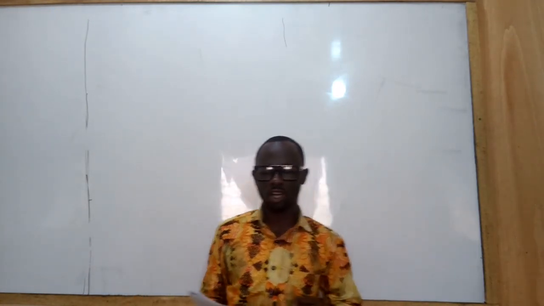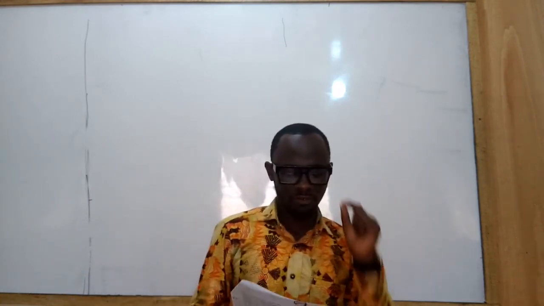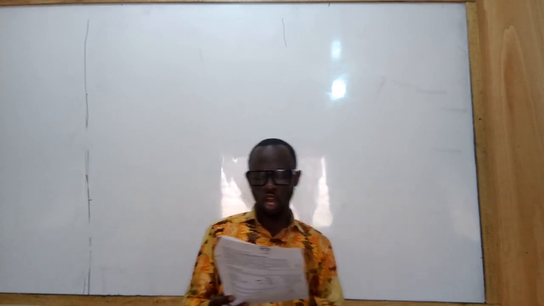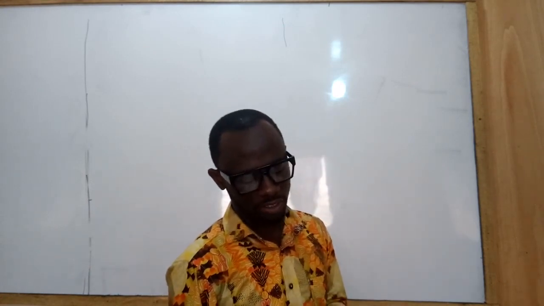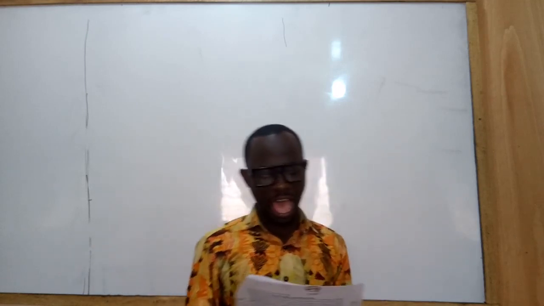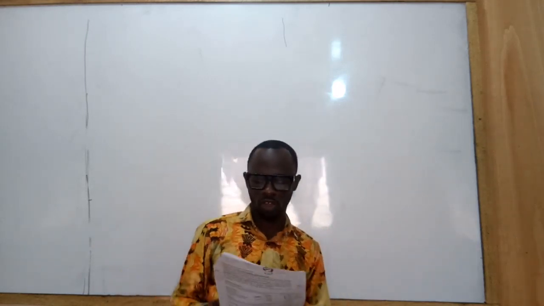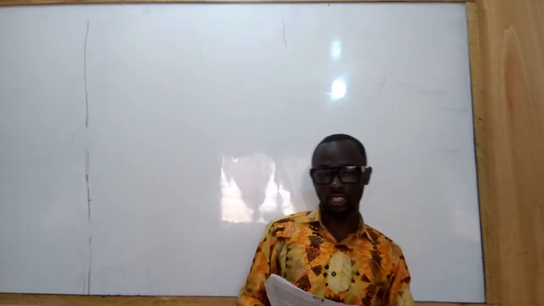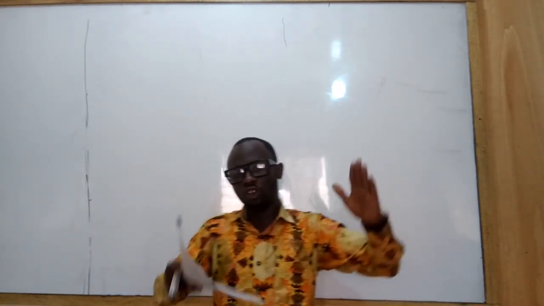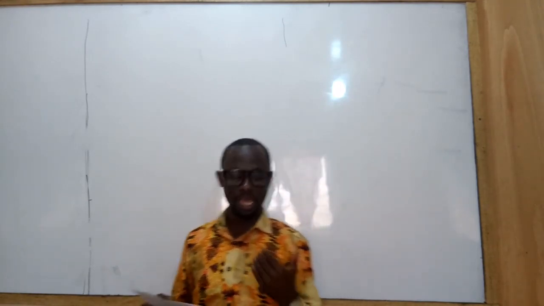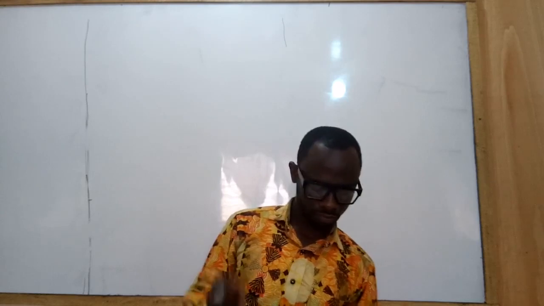So the date of commencement of operation is 1st April 2016, and it had an assessed loss of 150,200 Ghana cedis for the year ended 31st December 2016. So for the year ended 31st December 2016, the company actually made a loss.